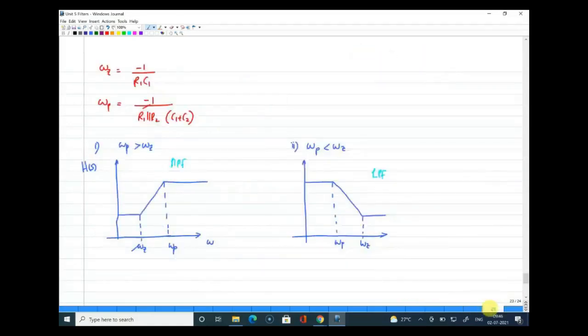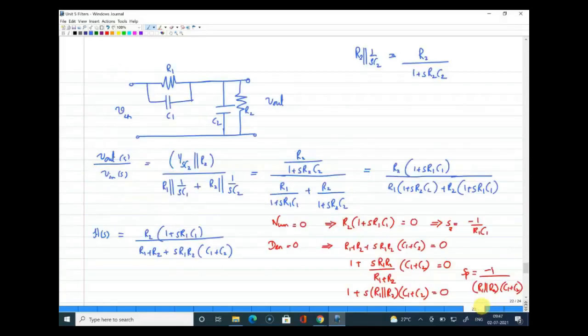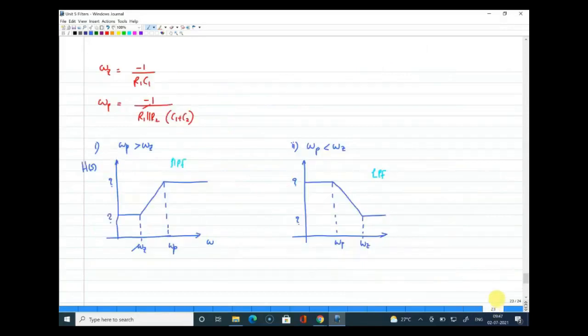Now, can you also tell me what will be the magnitude of this transfer function at this point and this point, similarly on this point and this point? Any guesses? Because you have the transfer function ready. I want to know what will be the magnitude at the zero frequency when you have a high pass filter response, and similarly when you have a low pass filter response. By looking at the transfer function, are you getting any idea?